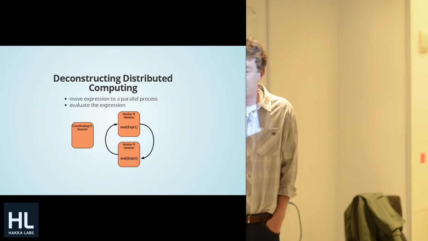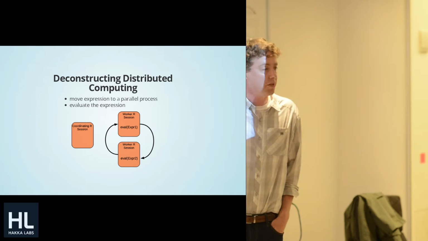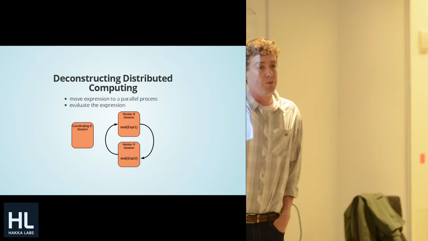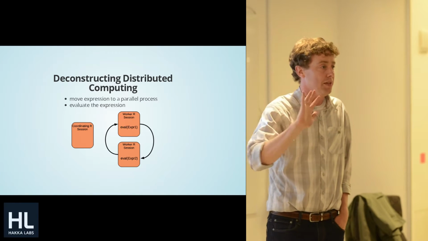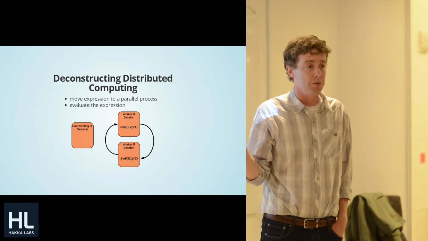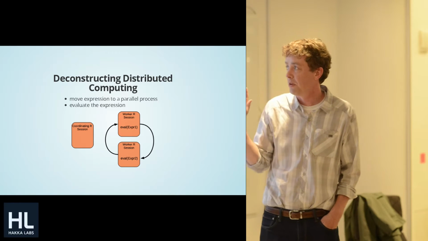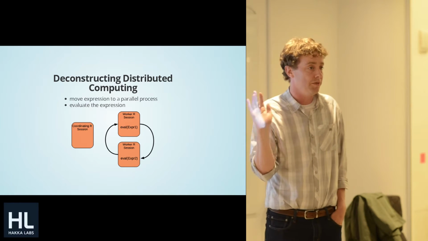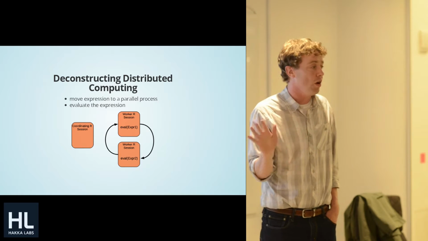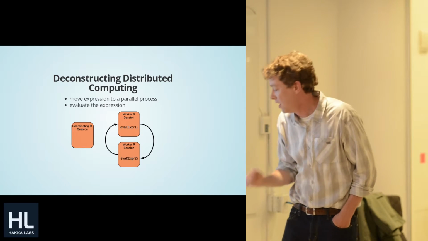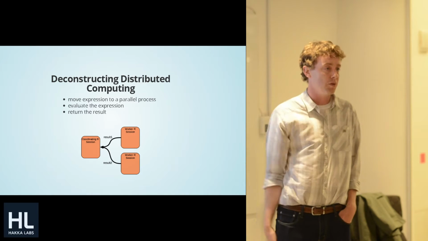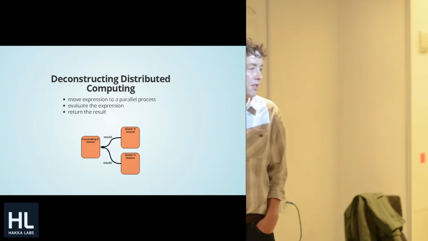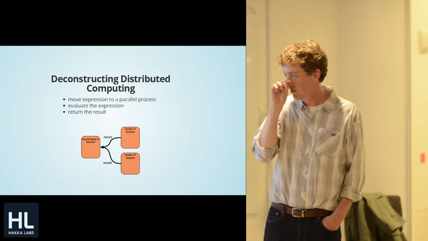And sometimes the results of those evaluations need to be moved around between the workers. So I'm not just thinking about embarrassingly parallel computations. I really want to think about distributed computing in full generality. Data can be moving all around the cluster, and then they usually go back to the coordinator, and some result is returned to the coordinator.